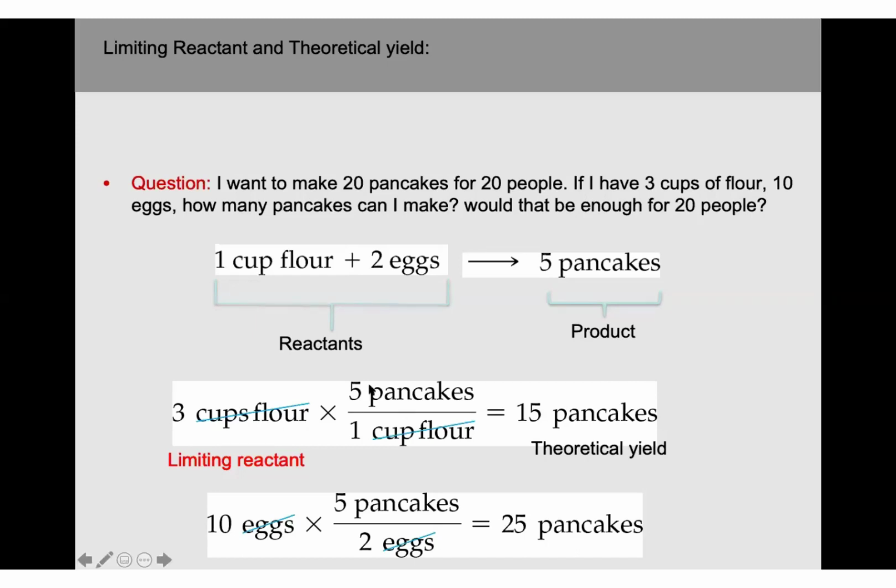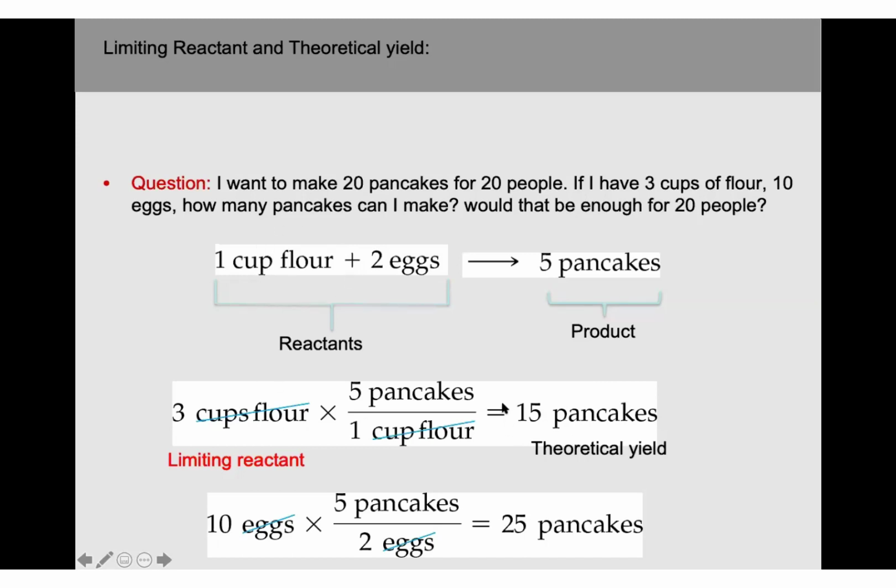But the other one, which here is the egg, is the excess reactant. If we calculate, we use only 6 eggs to make 15 pancakes, so I have 4 eggs in excess at the end of the reaction. So egg here is the excess reactant, and flour is the limiting reactant.